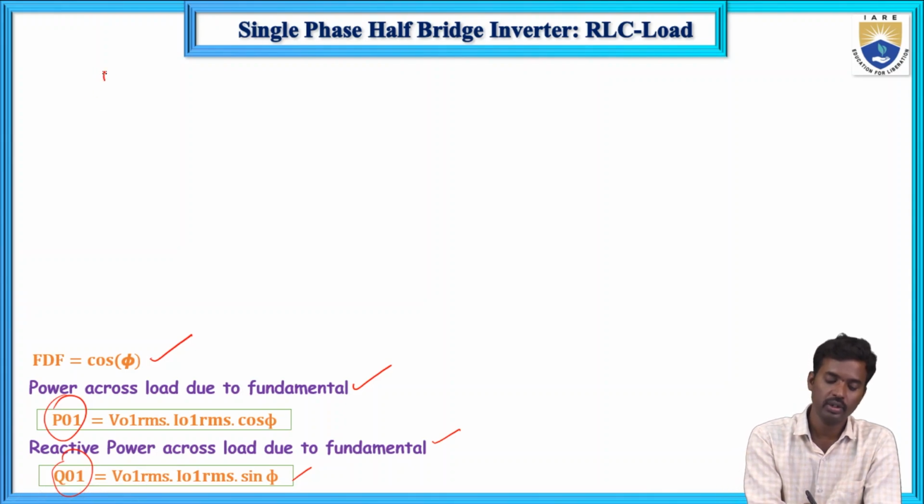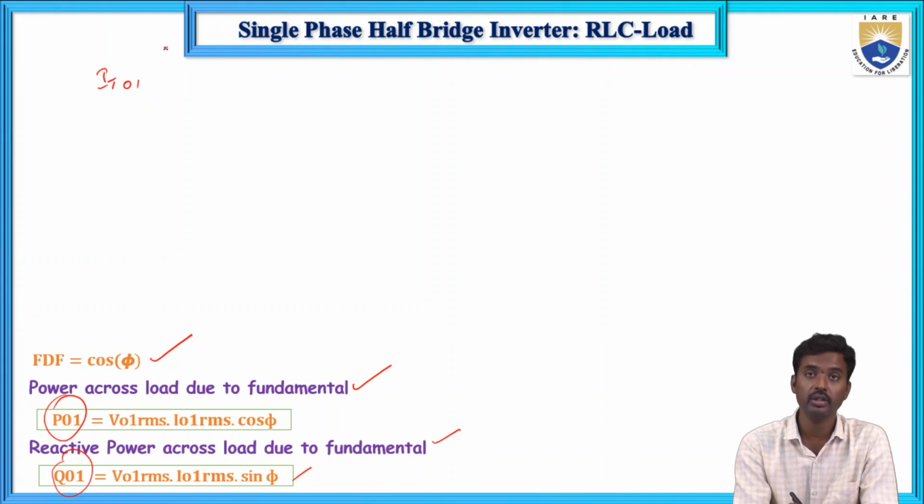Next, the fundamental switch current average value IT01 equals 1 by 2 pi, as already discussed in the R load, integral from phi to pi of I01 maximum sin of omega t minus phi d omega t.